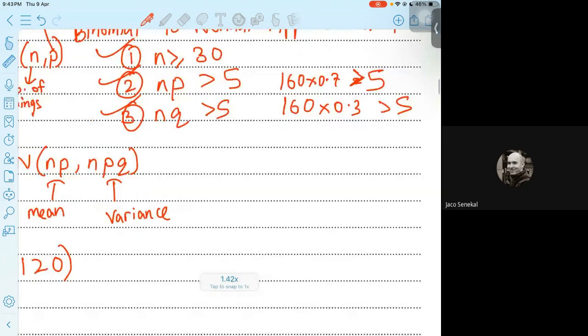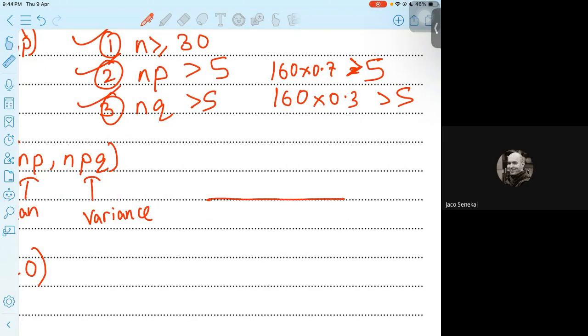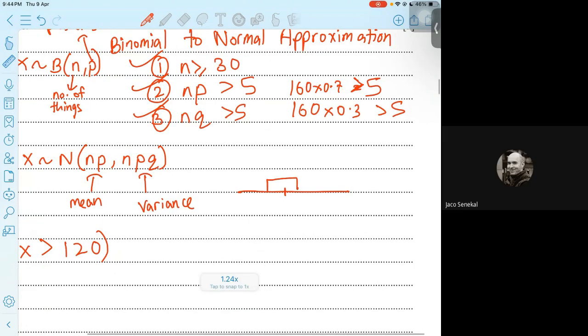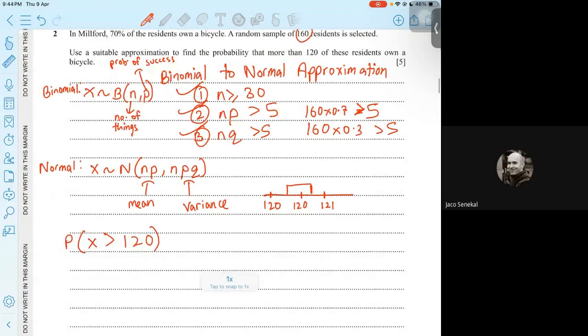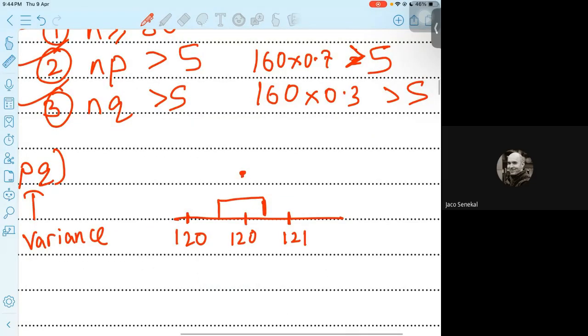Let's just see that. On a number line, think of it this way. A lot of students have confusion with this, so I'm going into details. If this is 120, let's say this is 121, this is 120. The way we look at this is we stand here and we either look towards our right or towards our left.